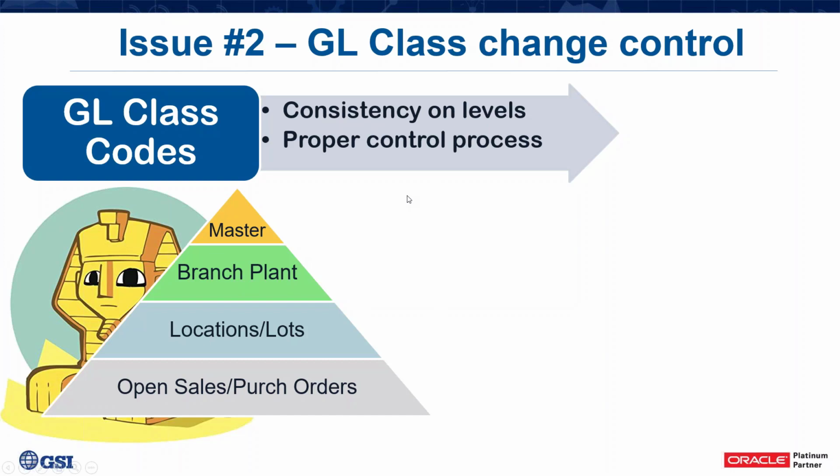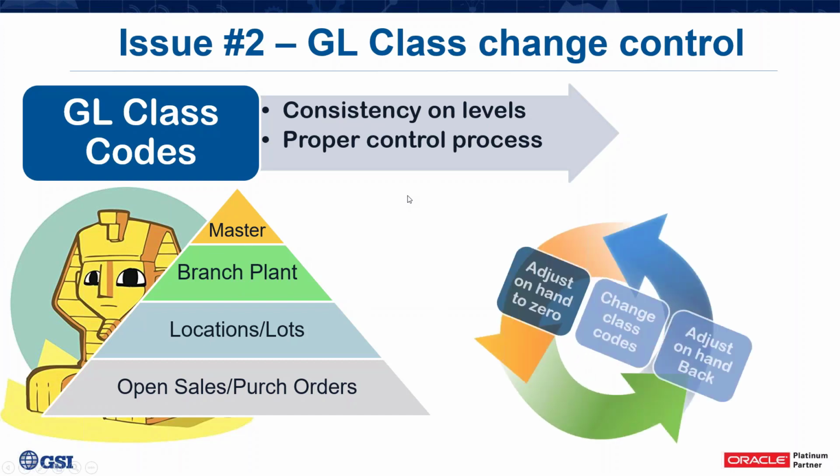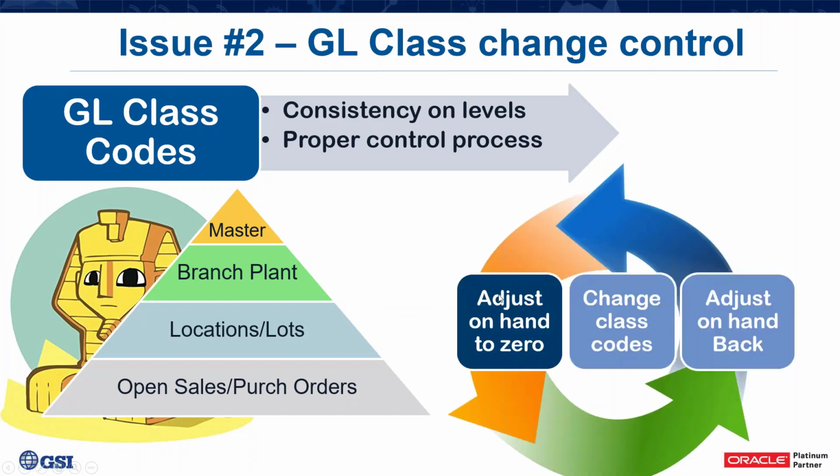Now, in order to change it correctly, what you really need to do is if there's any on-hand inventory for the item where the code is being changed, that needs to be adjusted to 0 before the GL class code is changed, because we want to close out any activity for that item.